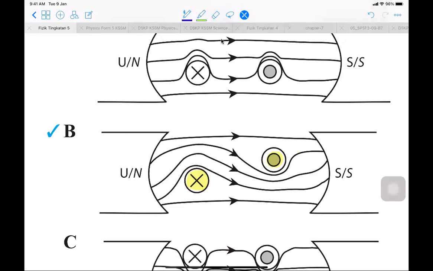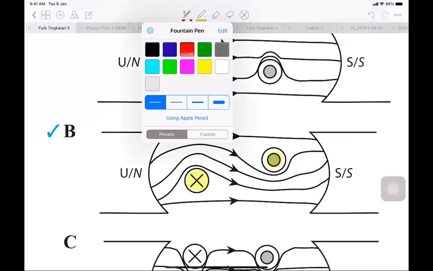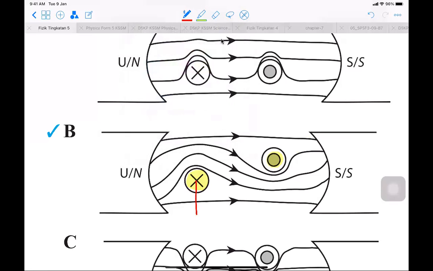So your thumb should be pointing downwards. If you are required to draw the direction of the force, make sure you draw the arrow like this one. So this one, I label as F. And also on the right hand side, you also need to draw the arrow indicating the direction of the force.